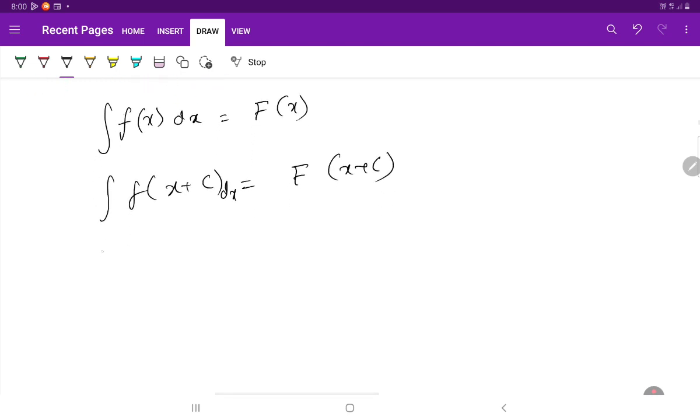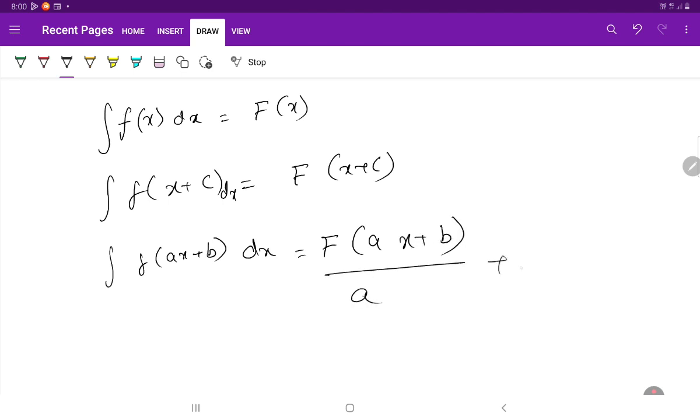Similarly, for f of ax plus b, where a and b are both constants, the integration of f of ax plus b with respect to x can be written as capital F of ax plus b by a, plus c.